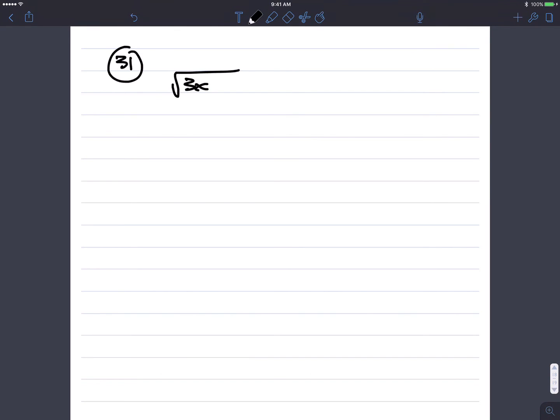Square root 3x minus 4 is 3. Notice a nice non-negative number. So 3x minus 4 will become 3 squared, or 3x minus 4 is 9.